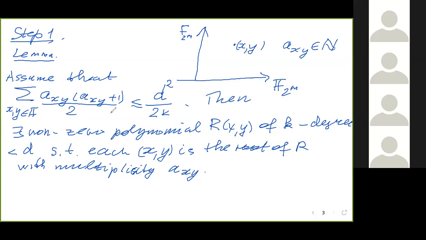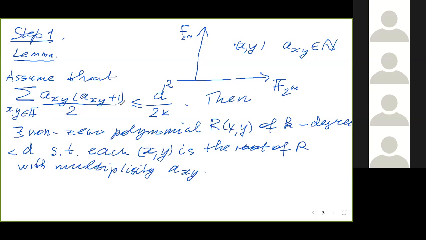And we sum up over all (x, y), so we obtain the total number of homogeneous equations we have. On the other hand, the number of coefficients in such polynomials is strictly larger than d squared over 2k. And so this assumption guarantees that the number of coefficients of R is strictly larger than the number of homogeneous equations.